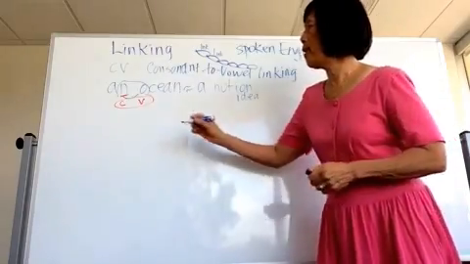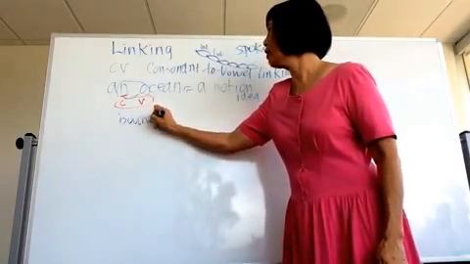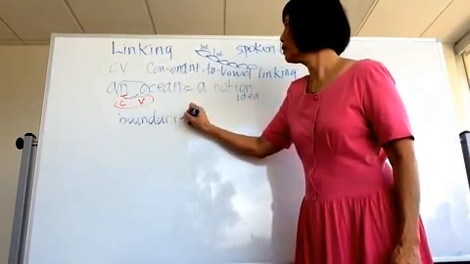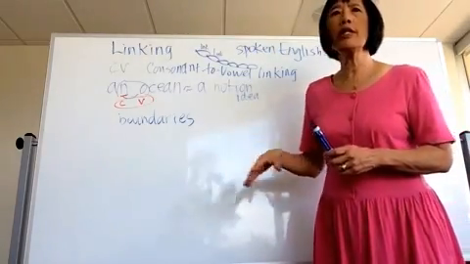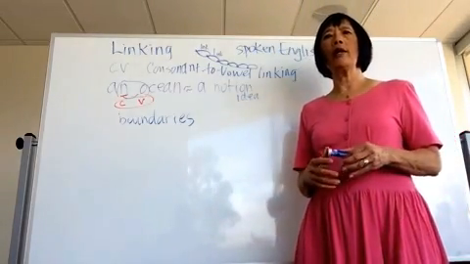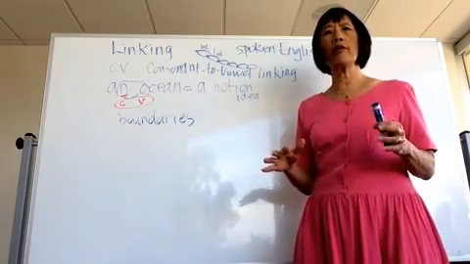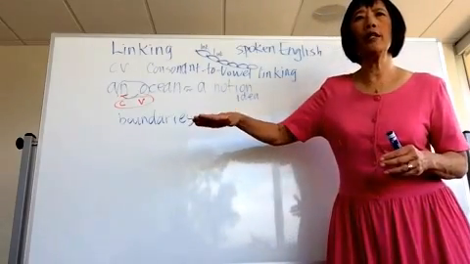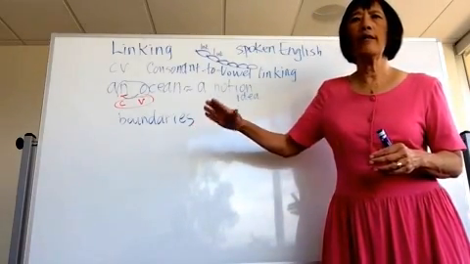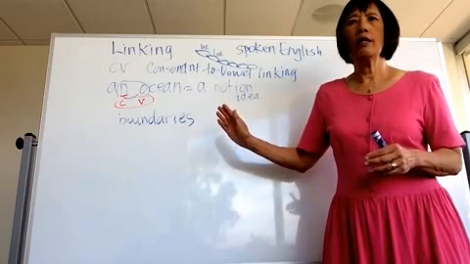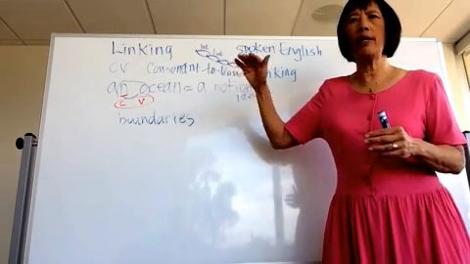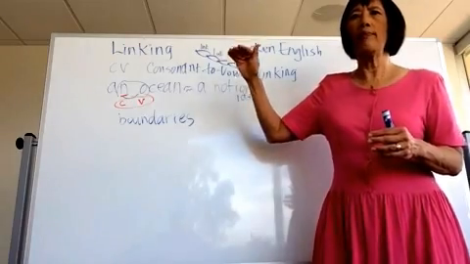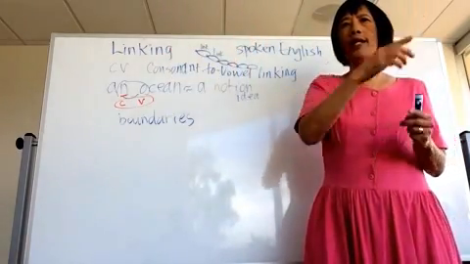So the boundaries of the word, you know this word, boundaries? We usually talk about the physical boundary. For example, the boundary between California and Nevada, between California and Oregon, between Oregon and Washington, the boundary between the United States and Canada.